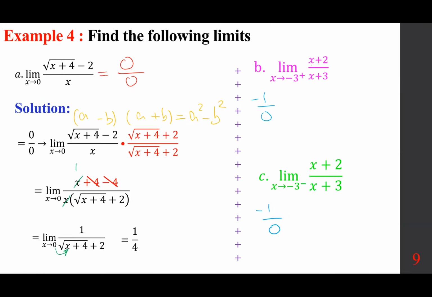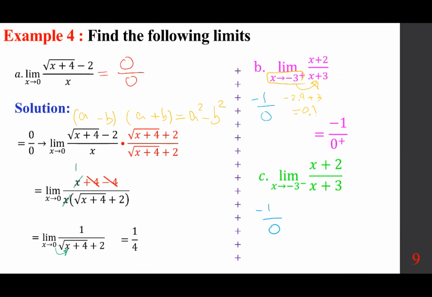If I look at this one, it makes no difference for the numerator, but it makes a difference for the denominator. So I'm going to pick an example, -3 from the right, like -2.9, and I add it to 3, and it gives me +0.1.